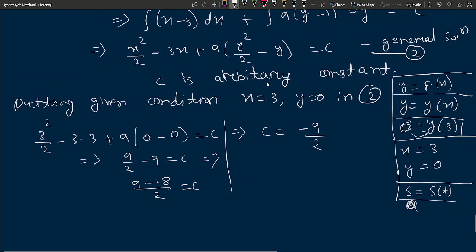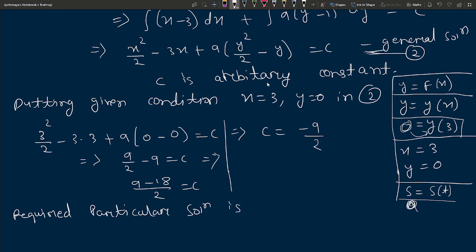Hence the required particular solution is, just write the general solution replacing c by the value just found here. So this is your x square by 2 minus 3x plus 9 into y square by 2 minus y equal to c. What is c?